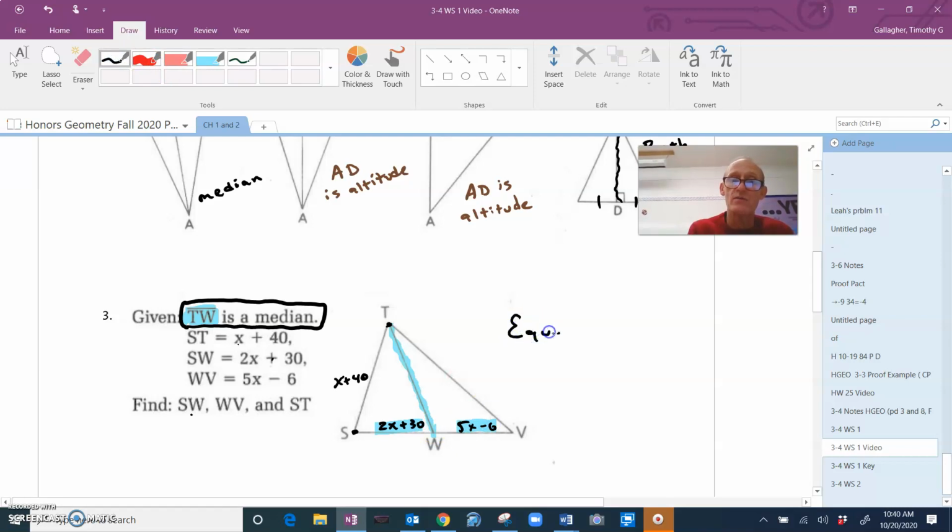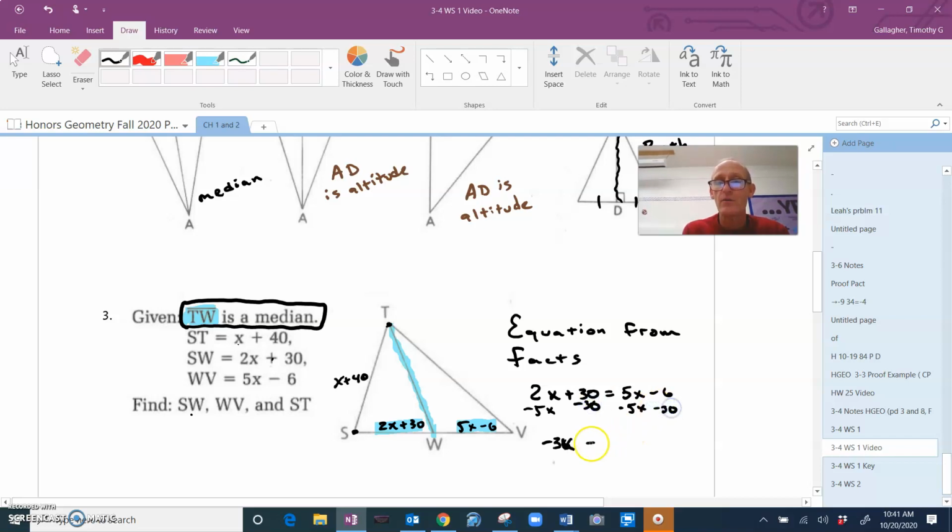So we get the equation from the facts. So 2x plus 30 equals 5x minus 6. And if we solve this, we subtract the 5x, and we get negative 3x, and we subtract the 30, and we get equals negative 36, so x equals 12.